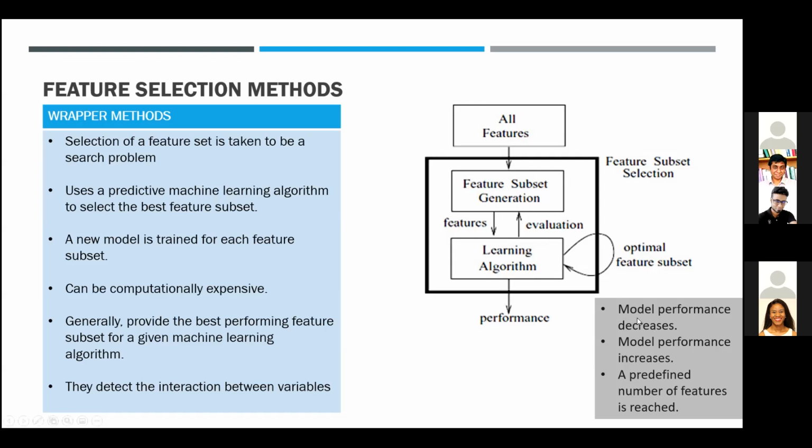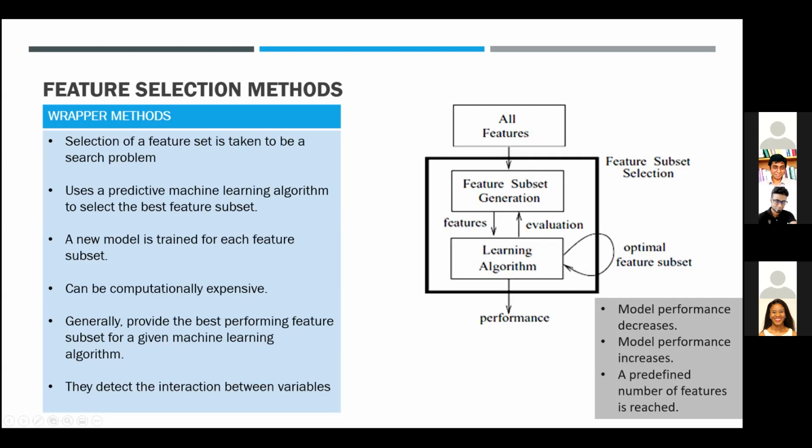You keep adding as the model performance increases, until the performance decreases. If it stops increasing by a specific threshold, then you won't keep adding. And maybe you also have a predefined number of features that you want to set.